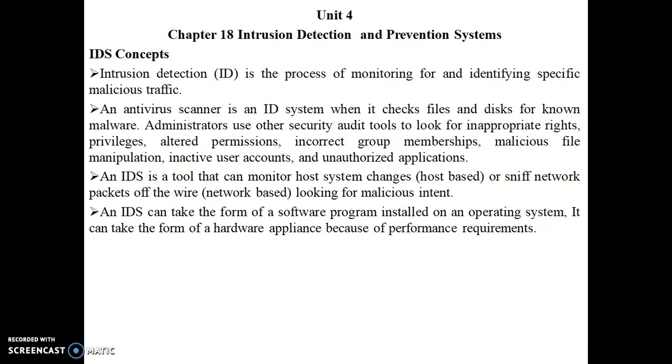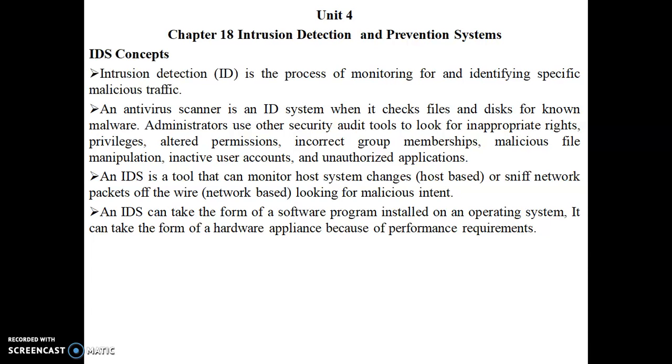The attacker can play the role of any kind of attack, active or passive. When the attacker is silently listening and sniffing the data, we call it a passive attack. IDS is also responsible for detecting these types of attacks.